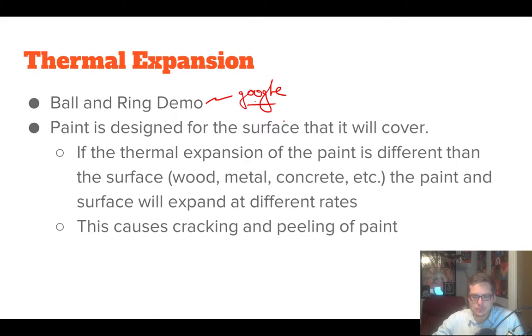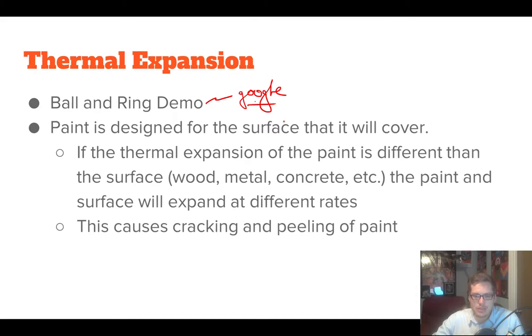Okay, so for example, paint specifically is designed for the surface that it will cover. Thermal expansion causes the paint to change, and if the paint hasn't been designed properly for whatever you're putting it on, it will expand or contract at different rates from the thing that it's sitting on.